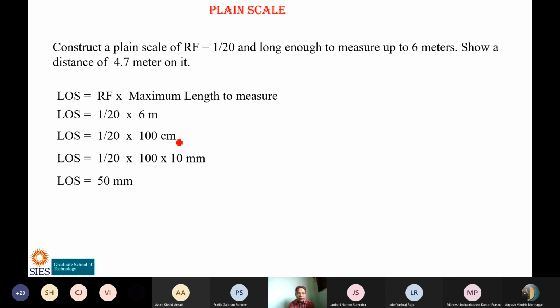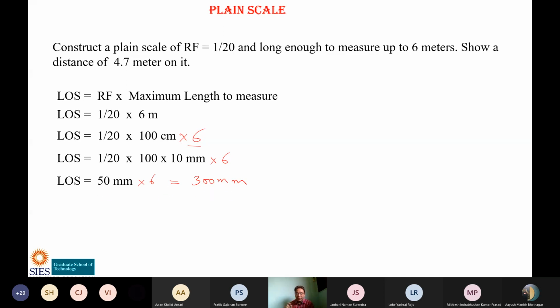So this should have been into 6. So it will be 300 mm. I missed this 6 here. So the length of scale is now 300 mm.